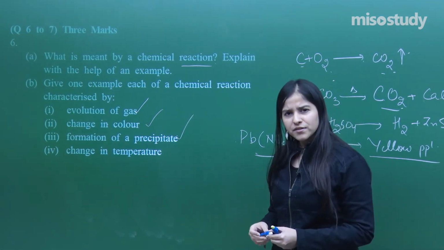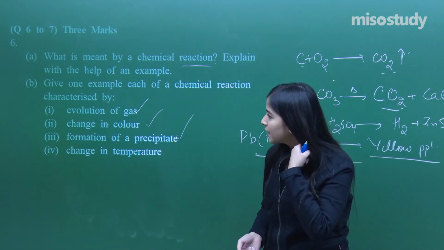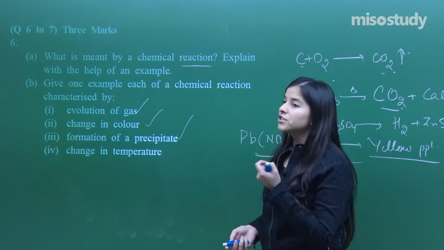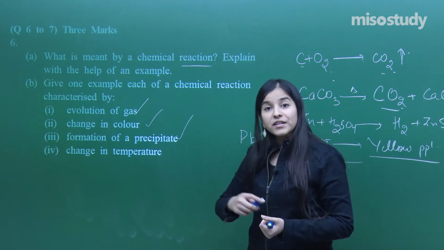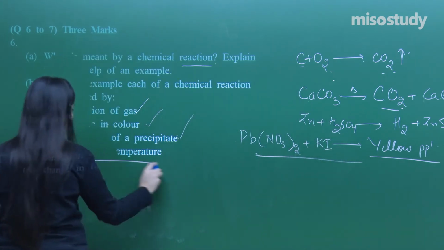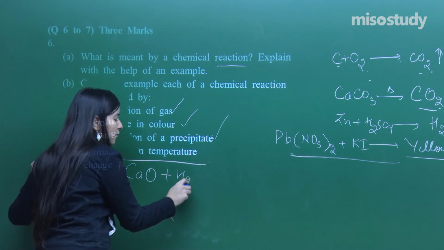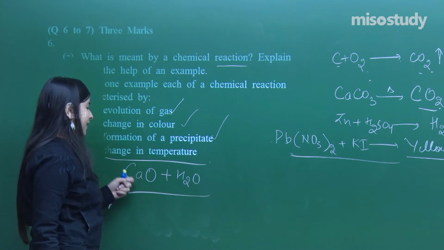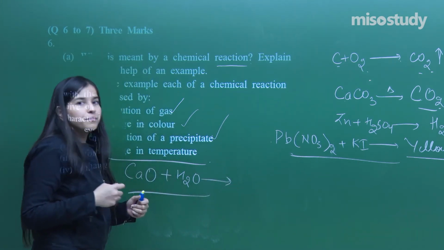Change in the temperature. Now, change in the temperature can be anything that may give us an idea about an exothermic reaction or maybe an endothermic. So, it is just a change in the temperature. I had given you one example in this category as well. Whenever I put a little water in the calcium oxide, it starts kind of burning.